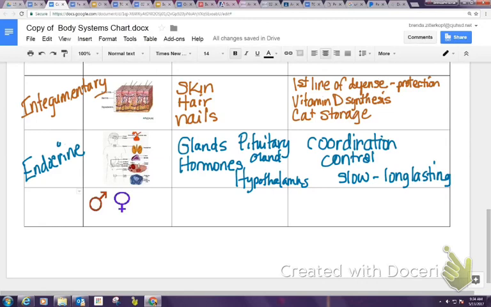Last but not least, reproductive system. This is the only system that you can live without. Yeah, you can live without a reproductive system.